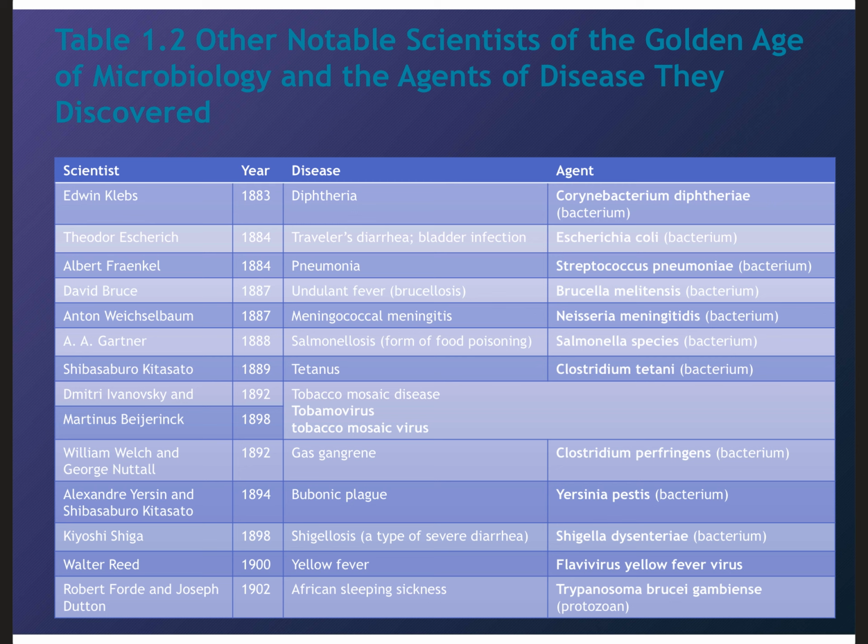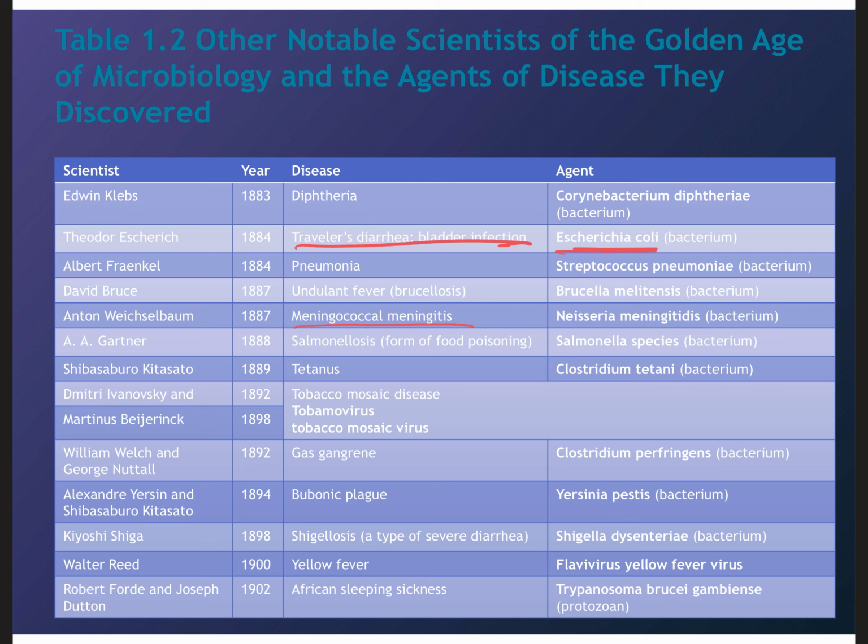All right, so traveler's diarrhea, bladder infections, right? E. coli, right? Anybody ever had traveler's diarrhea? It's awful, right? What about a bladder infection? Yeah, that's more common, right? A lot of people have had those, right? Let's see.